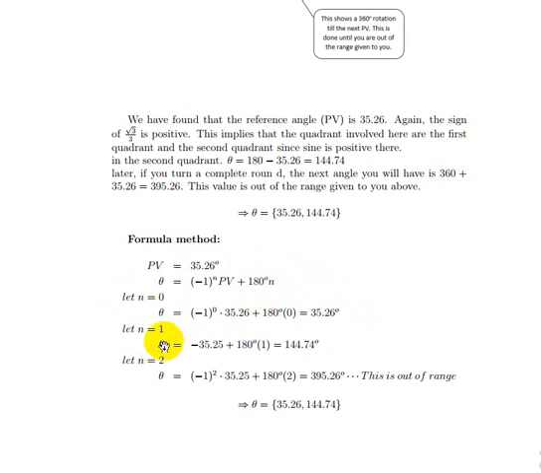Next we let n be 1, and you have 144.74. Next we let n be 2, and you have 395.26 as we had here, and this is out of range. So the values are going to be 35.26 and 144.74.